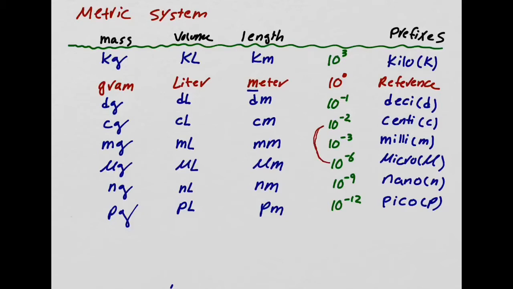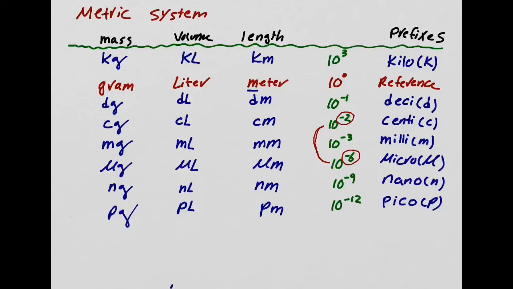Now, centi is -2. Micro is -6, right? To go from -2 to -6, how many places is that? That's 4 places.